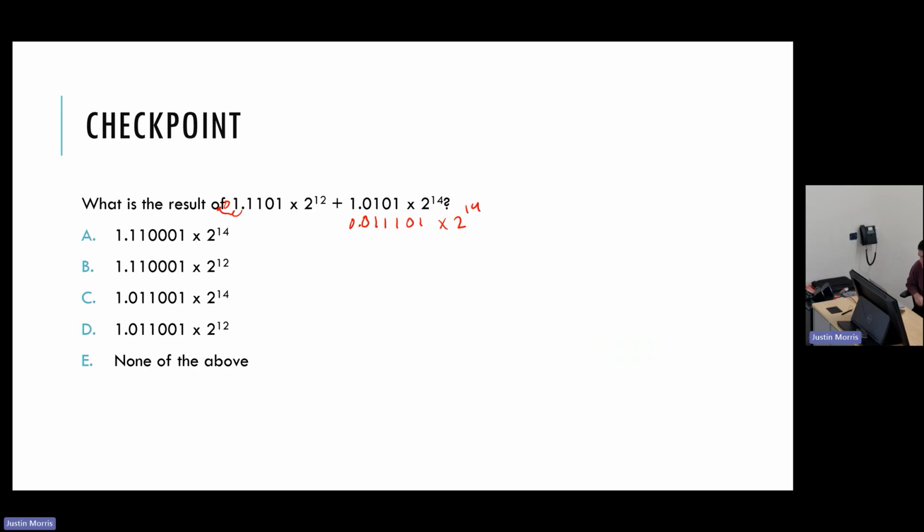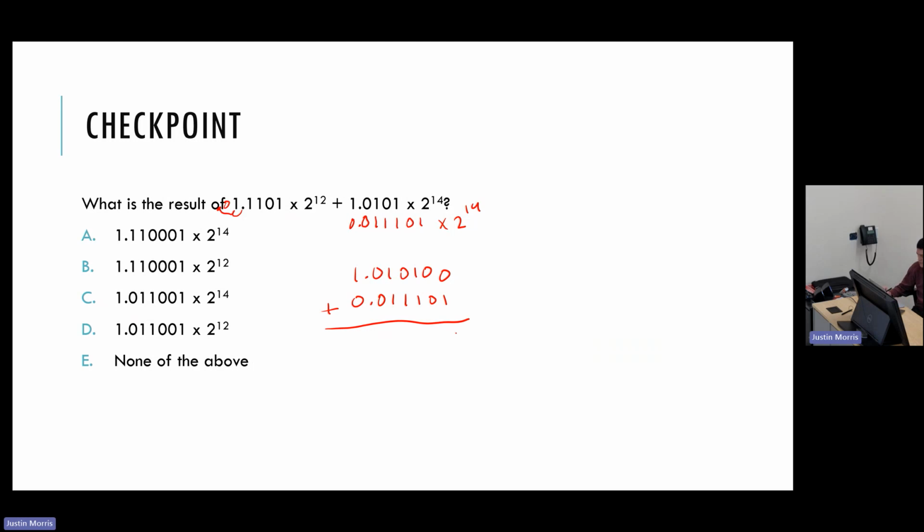And then my next step is add them. So I have 1.0101, 0.011101. So I need to add 2 zeros here.